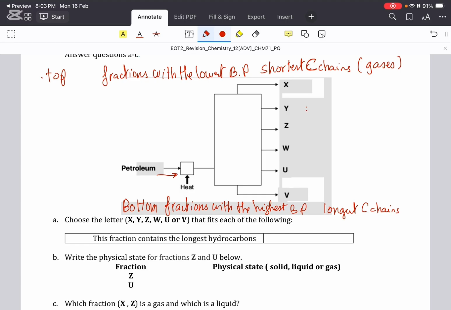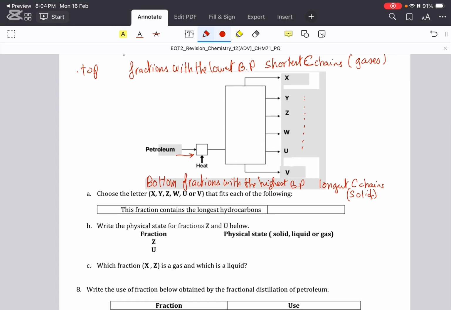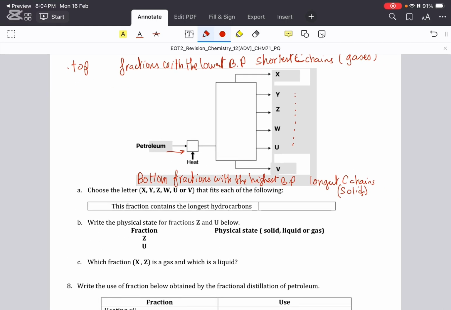Then here we obtain the liquid, and at the bottom we obtain the fractions that turn out to be solids. Okay? Now, for the naming, you need to know the naming. So, the name of the fraction is different than the uses of the fraction.